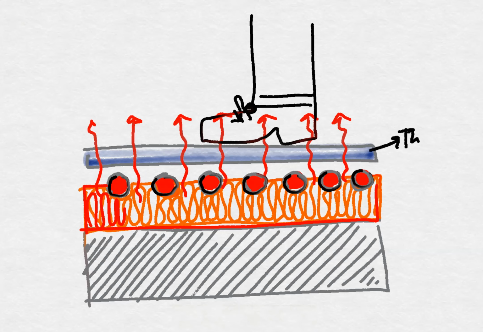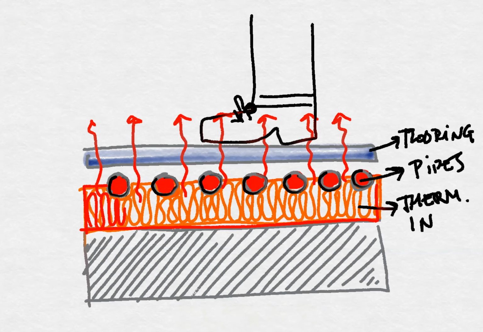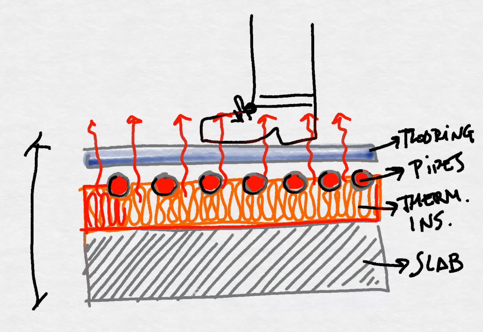So this is the flooring. Those are the pipes. This is the thermal insulation. And this is the slab. So this is a structural element. So at the end, I can have, let's say, at least one foot.